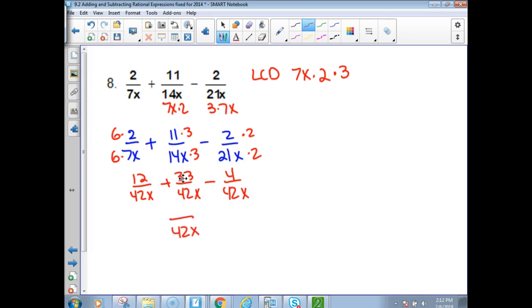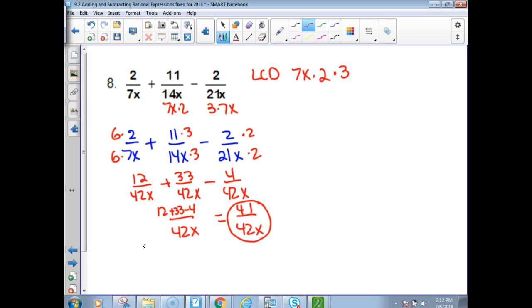Go ahead and do 12 plus 33 minus 4. And that comes out to 45 minus 4, 41 over 42x. And that's done. My goodness, by now, finally.